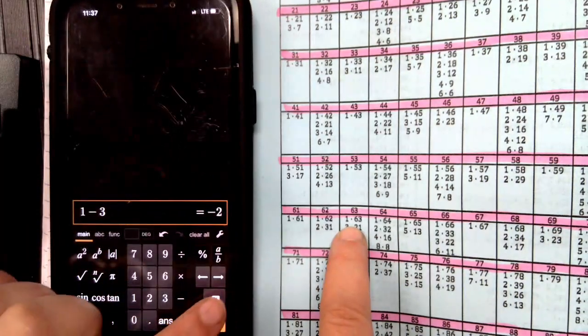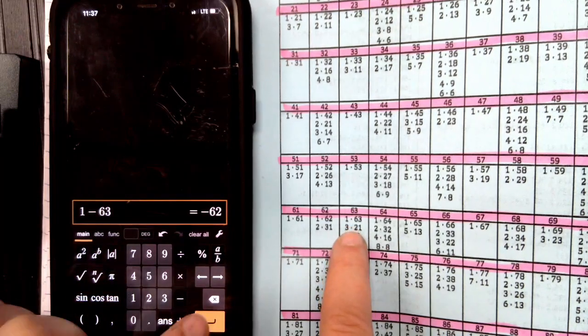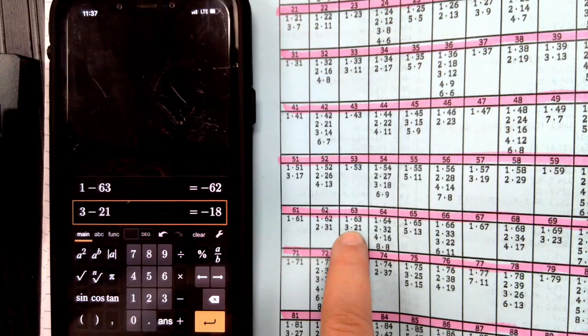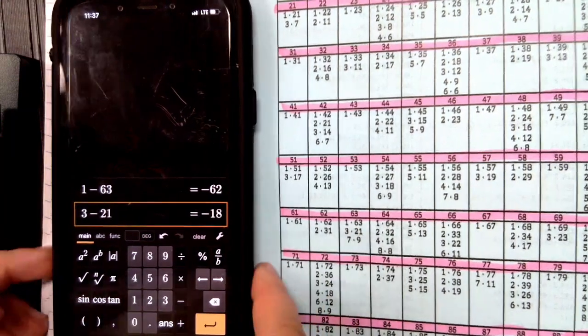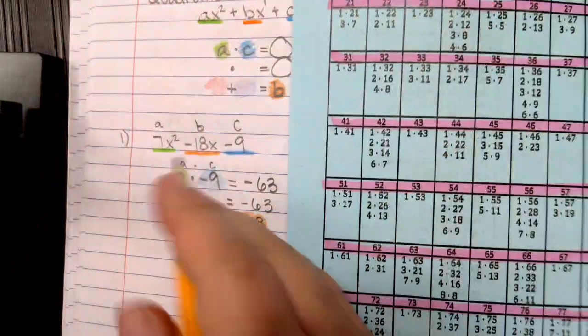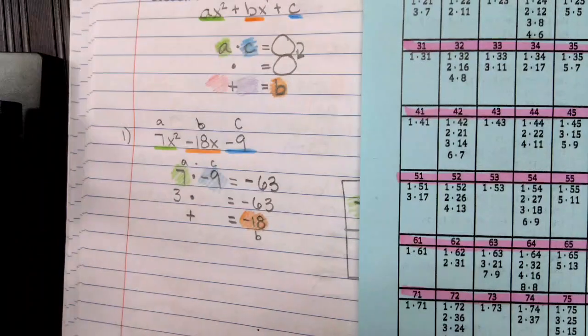Yeah, that one works. 3 minus 21. So when I write my answer, I do a positive 3. And it's 3 times what? Negative 21. Because in order to make that negative 18, I wanted that negative 21.